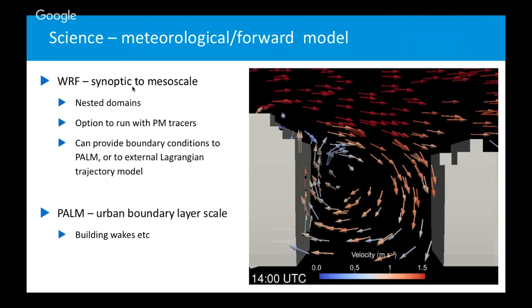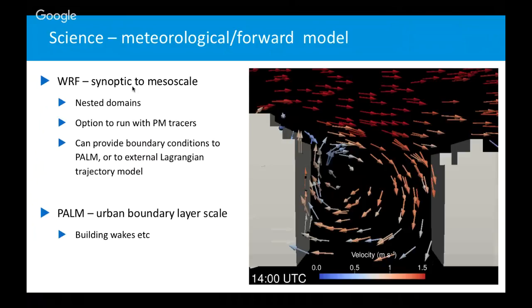So some of the science in terms of the forward model meteorology: the plan is to use WRF at this stage to go from synoptic to a mesoscale, so kilometre scale, probably something like that, with some nested domains to generate our wind field.